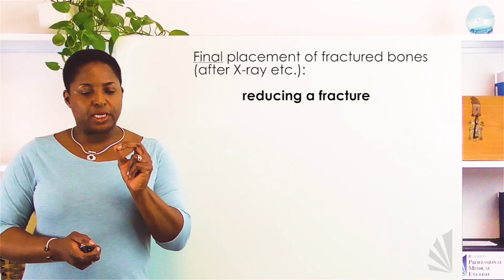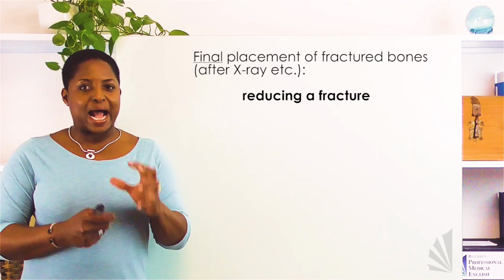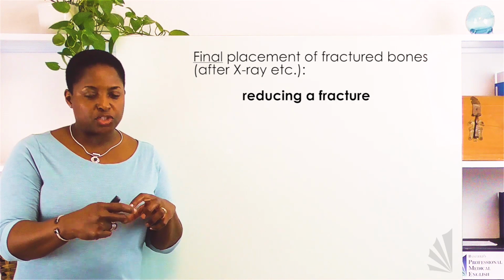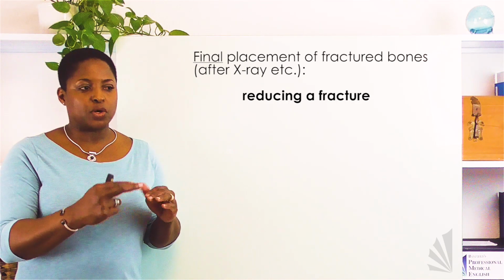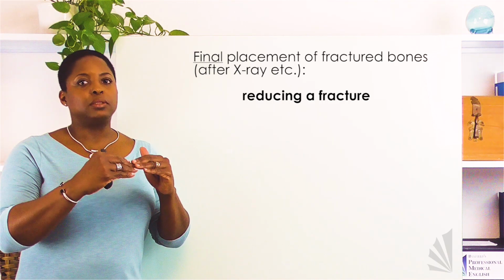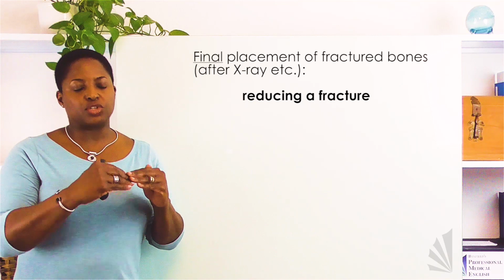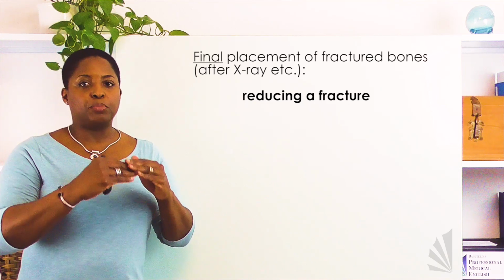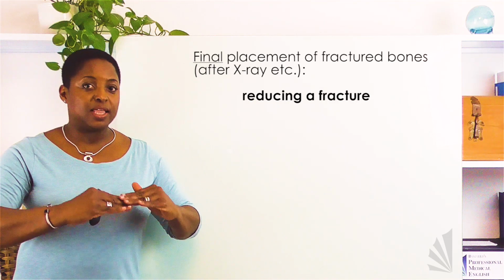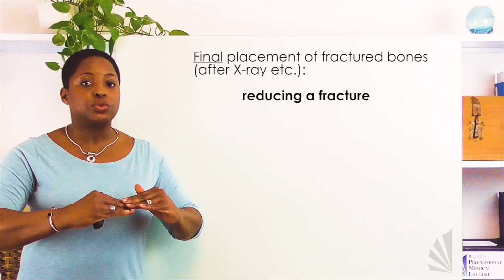Reducing a fracture is what is done at the hospital after X-ray, under supervision of the surgeon, to make sure that the ends are in the correct place and are not causing a danger to other tissues. When the bones are put in the final place that they're going to be, that is called reducing a fracture.